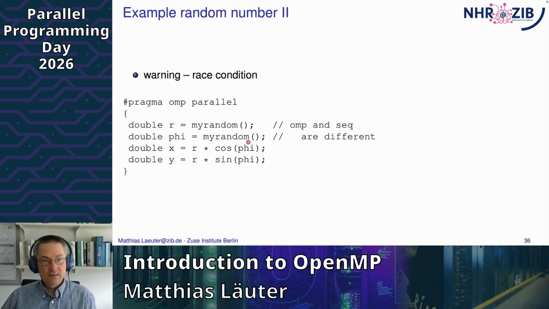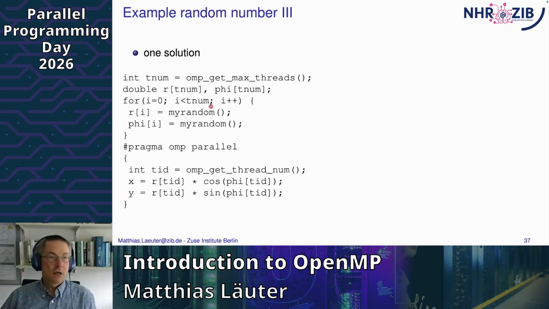How can you see that? In a parallel environment, you open an OpenMP parallel for, and you invoke the function myRandom, and due to this coupling of the static variables, the code works differently for OpenMP and for the sequential way.